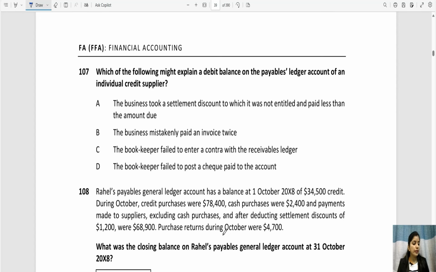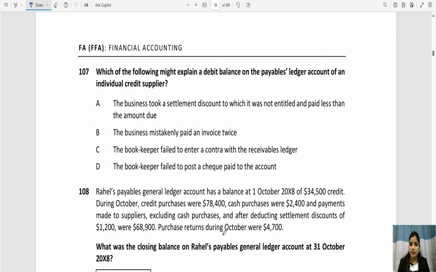If we talk about the payable ledger balance, in case of debit and credit entries, if we post any transaction on the credit side of the ledger, it will increase the payable balance. But if we post the transaction on the debit side, it will decrease the payable ledger balance.